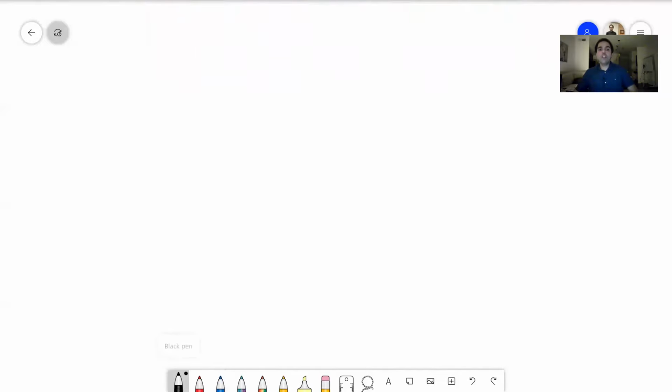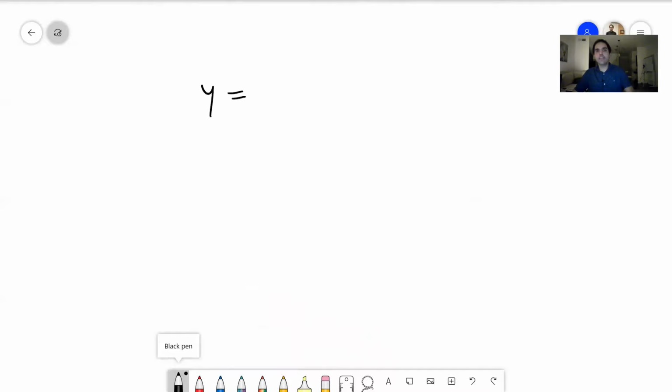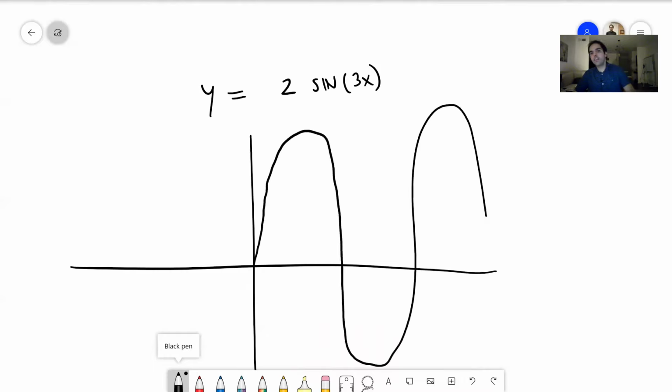All right, and then what other things you need to know is, just like for functions that you can shift them, dilate them and everything, you need to know how to do the same thing for sine and cosine. So let's try to draw the graph of 2 sine of 3x. So let me remind you what sine looks like. It goes up and then down and then up and then down.